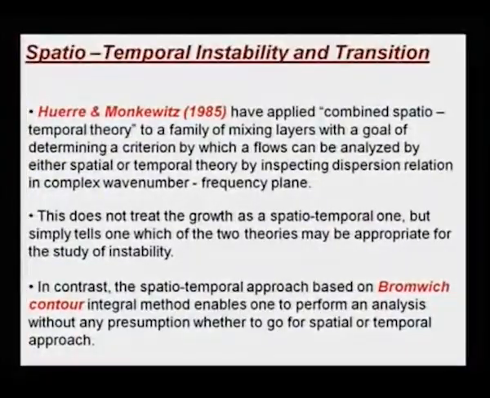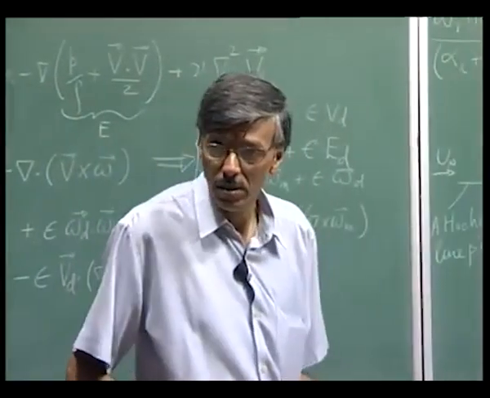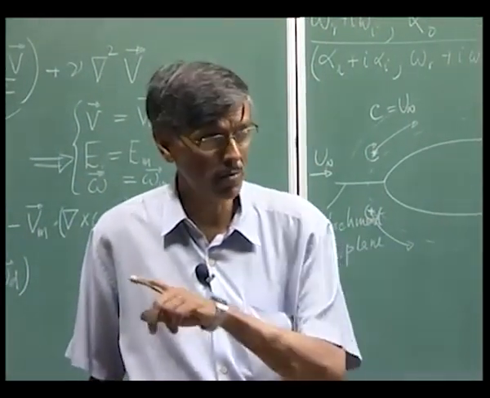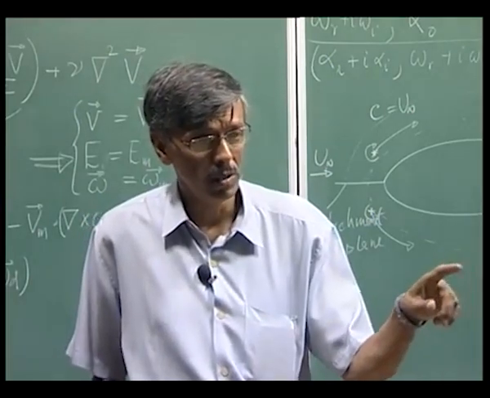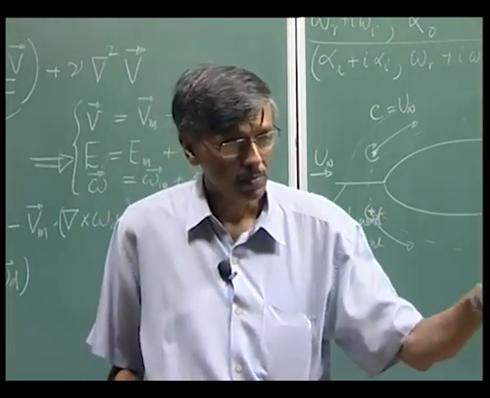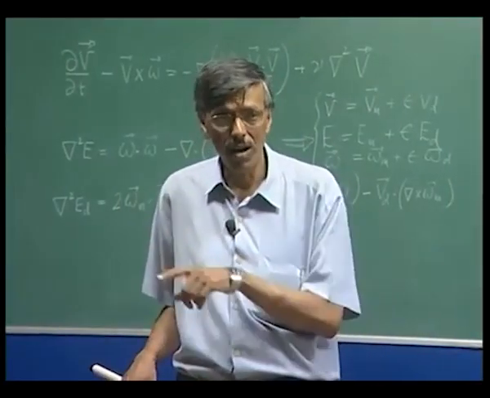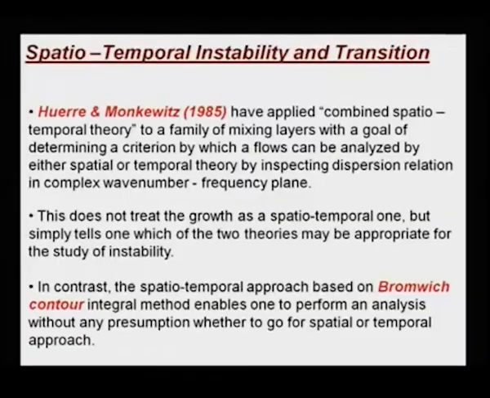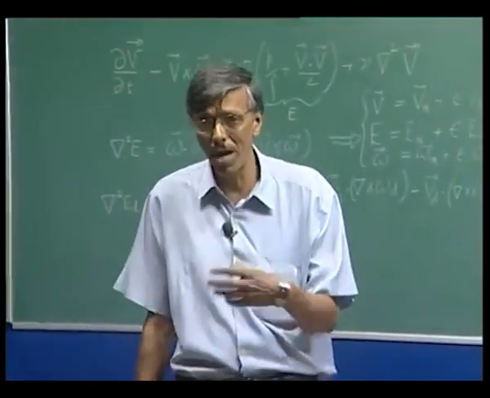But if you recall what we talked about, that Bromwich contour integral method, where we did perform the Bromwich contour integral along the complex alpha and complex omega plane, parallel to the real axis. There we did see that we can work out a spatio-temporal behavior.